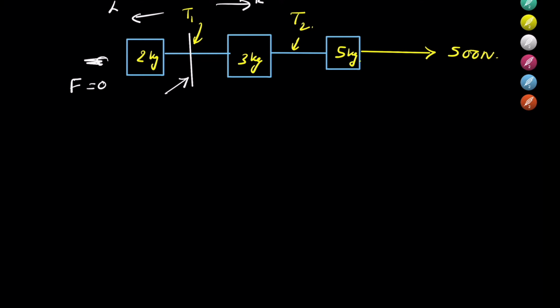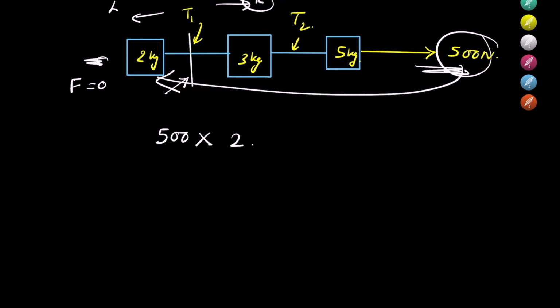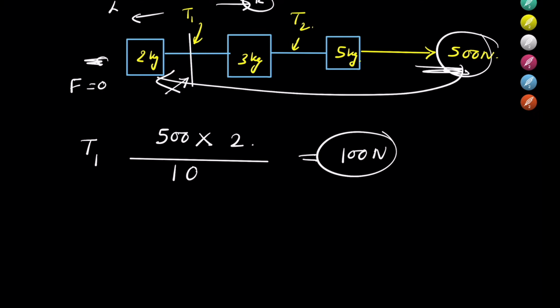Now right force: how much force is acting on the right side? 500 Newton into left mass, which is 2, divided by total mass, 10. So 100 Newton. This is our T1 value. T1 is 100 Newton.